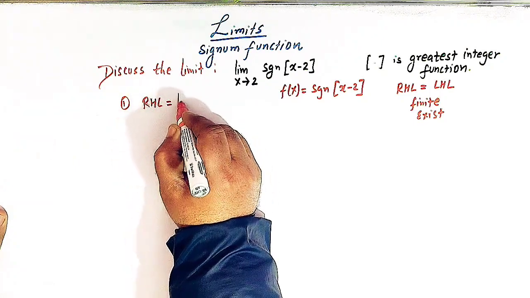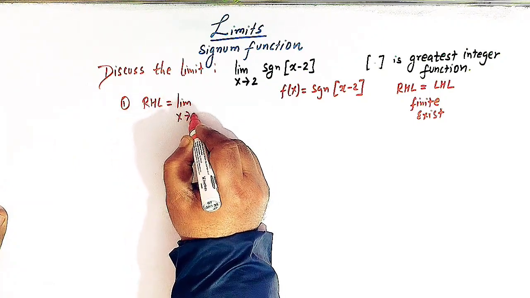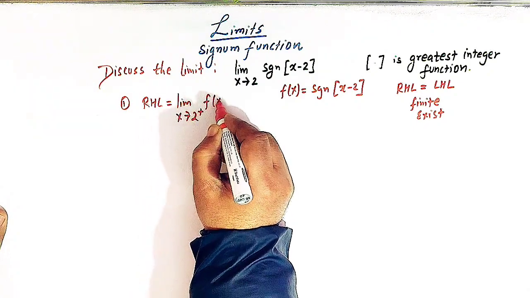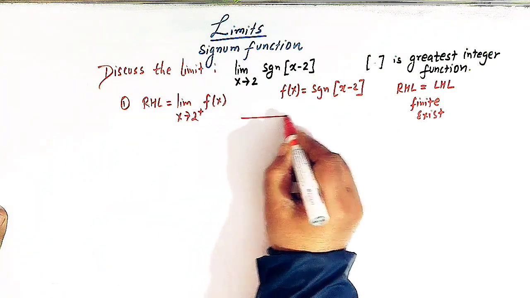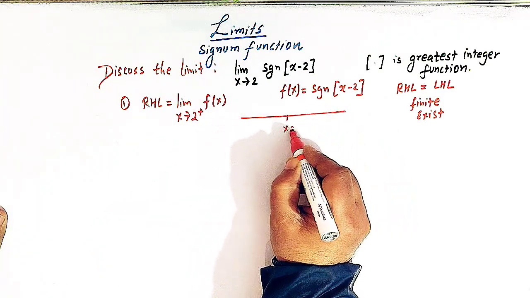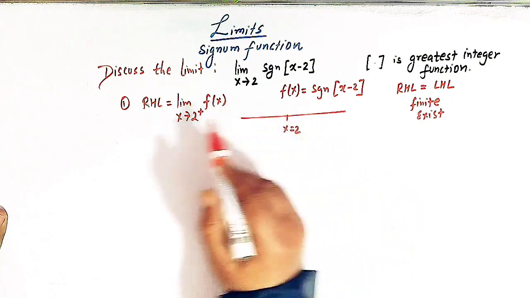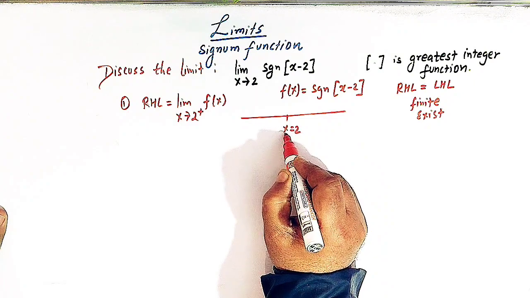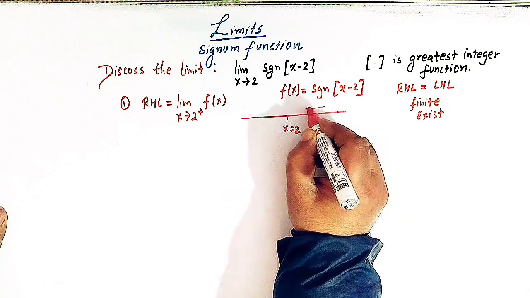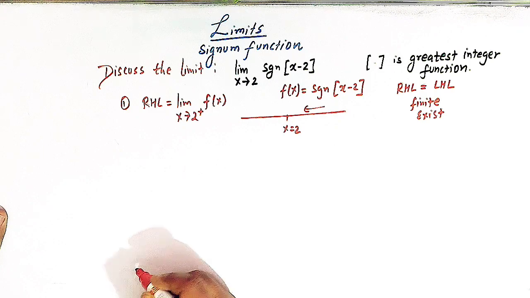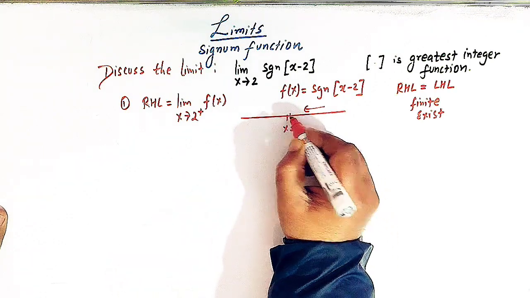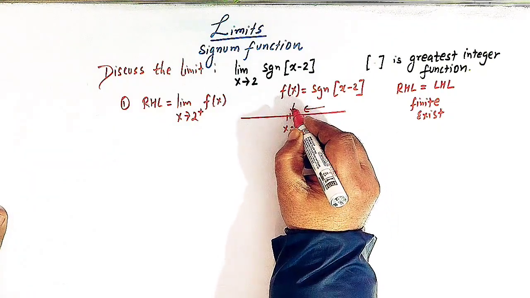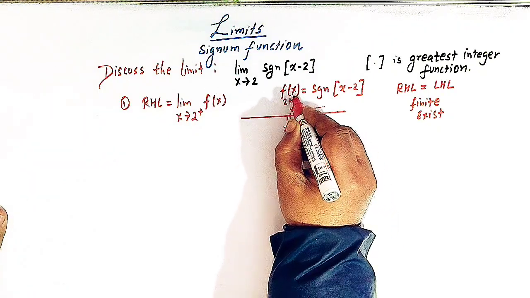and here we have the right hand limit. The notation is limit x tends to 2, and here we put a positive sign, and here we have f of x, right? So here we have x is equal to 2. So when we find out the right hand limit, then we approach towards x is equal to 2 from the right of x is equal to 2, and we take a point in the right neighborhood of x is equal to 2, and this point is 2 plus h, right?